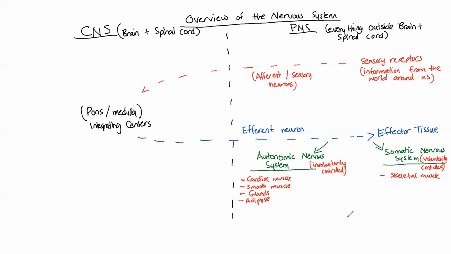Let's also point out the divisions of the autonomic nervous system. We're going to get a lot more into the details of that going forward, but just to mention them here, we have the parasympathetic system.